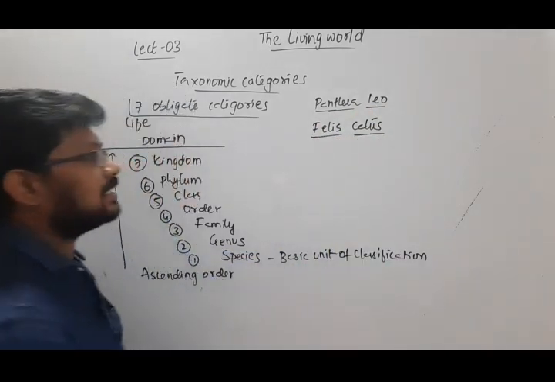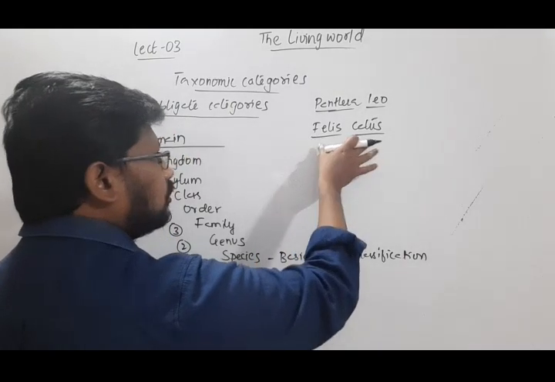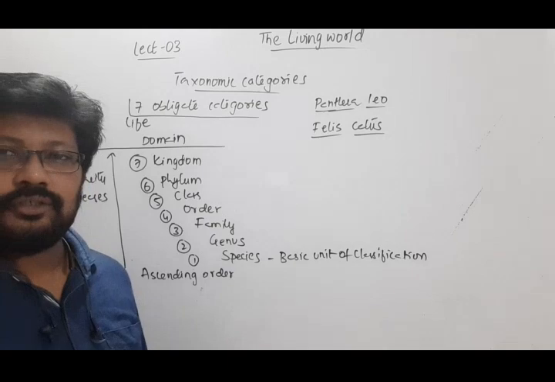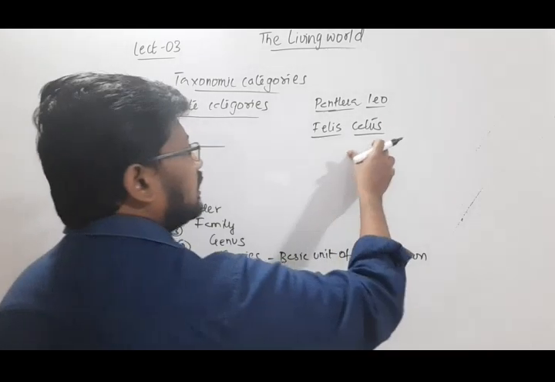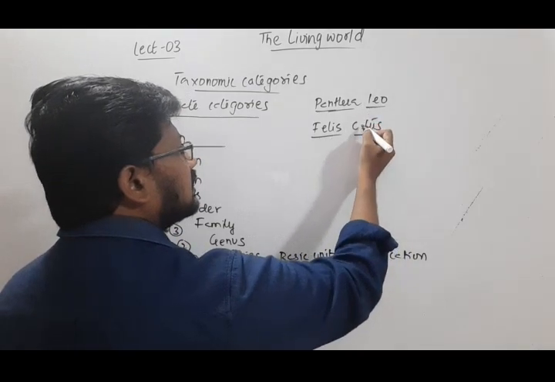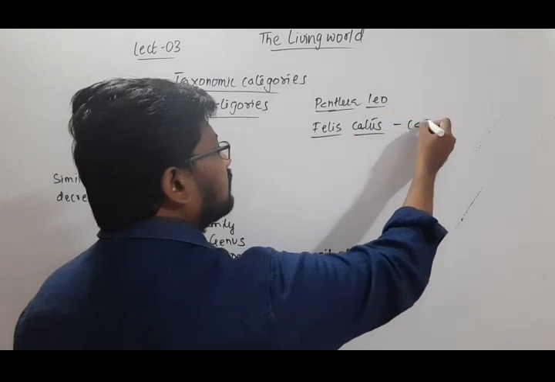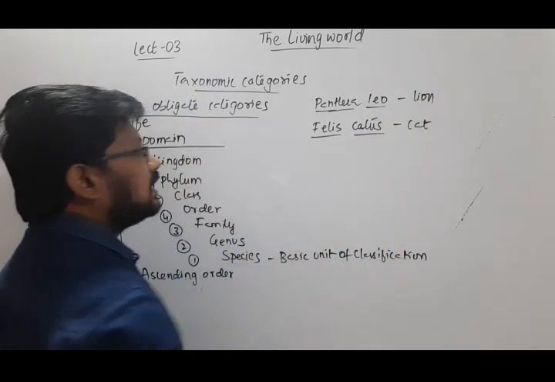Felis catus is a small cat, a domesticated cat, though some even use the species name domesticus. This is the scientific name of cat, and this is the scientific name of lion.